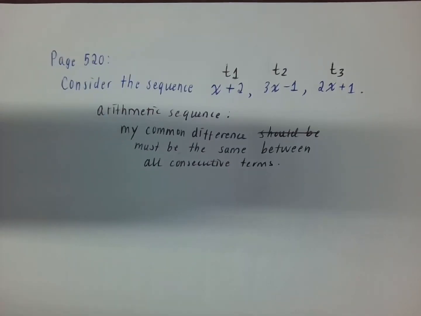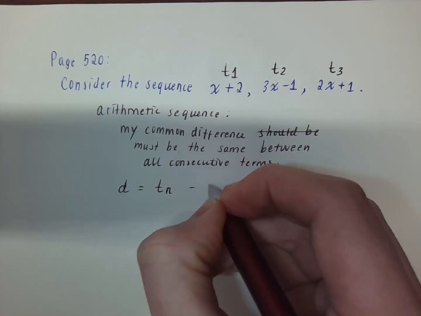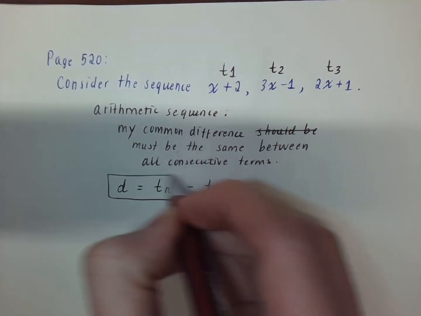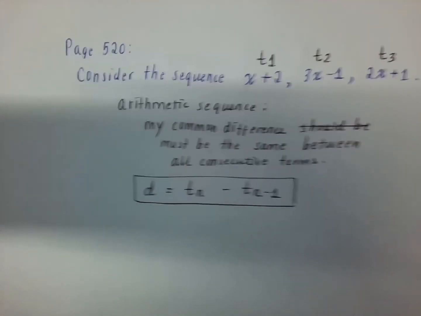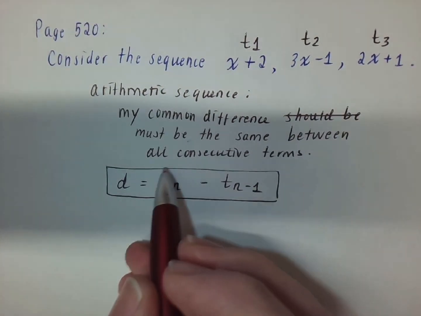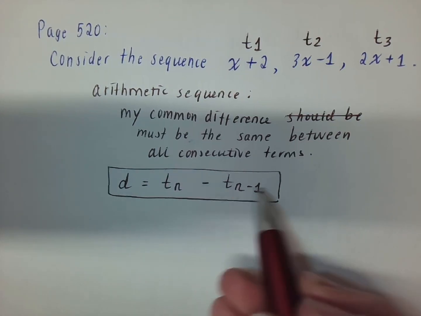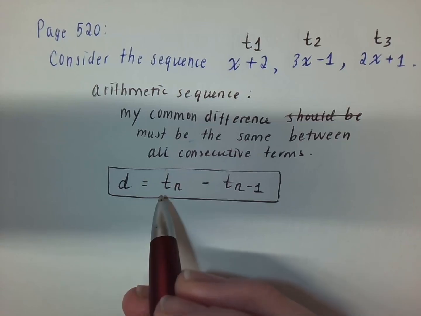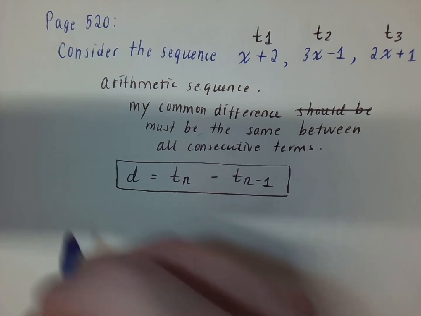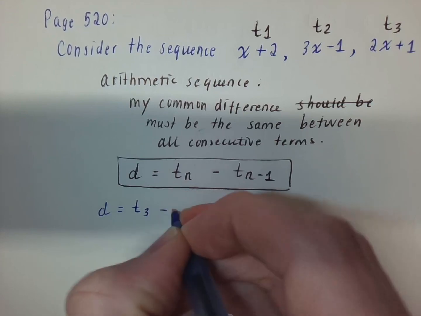We know there's that formula Tn minus Tn minus 1, which is just saying if you want to find the common difference, take any term from the sequence, subtract the term right before it, and you'll find that common difference. So let's try that out. One common difference could be T3 minus T2.